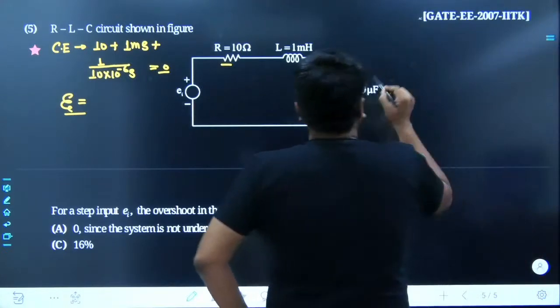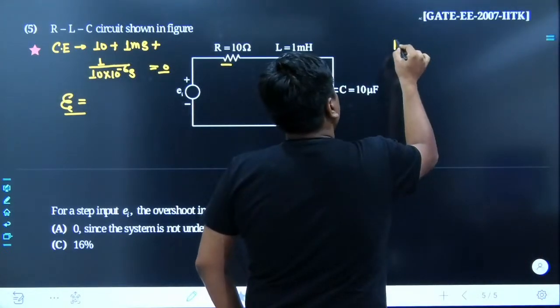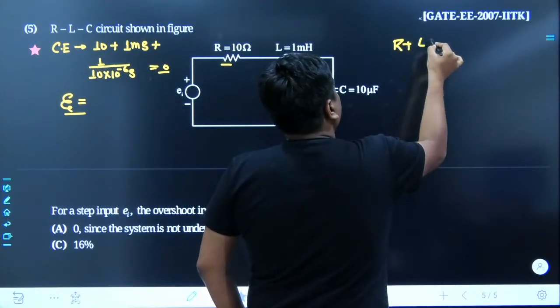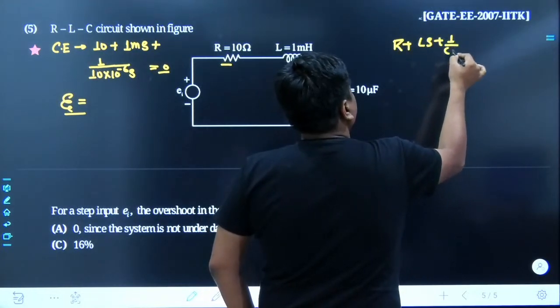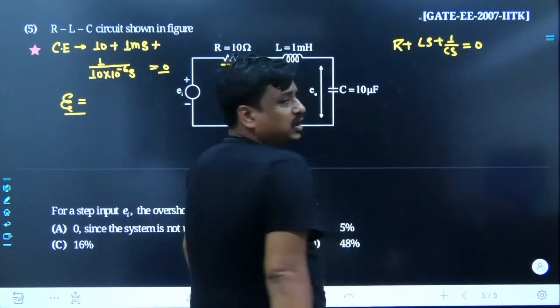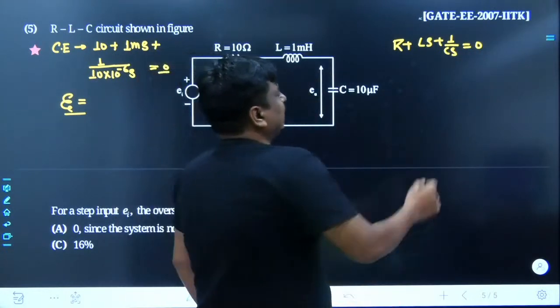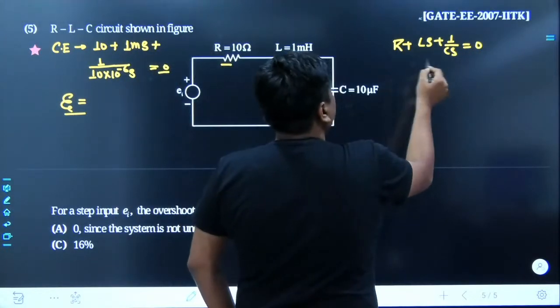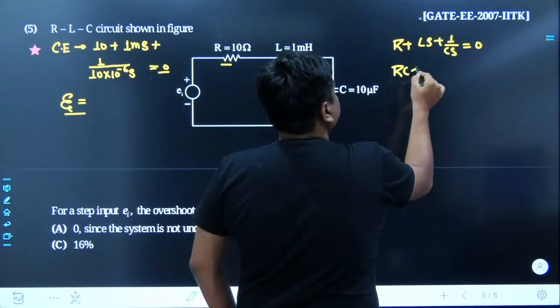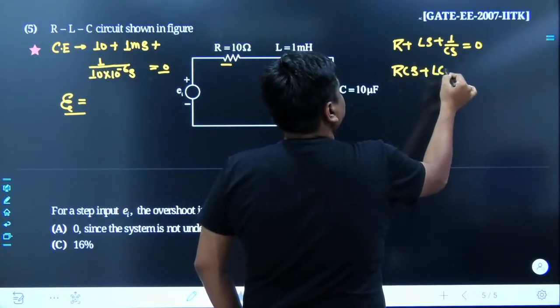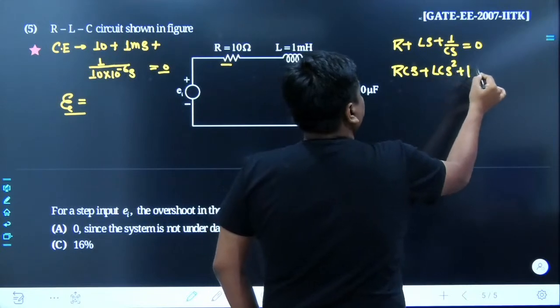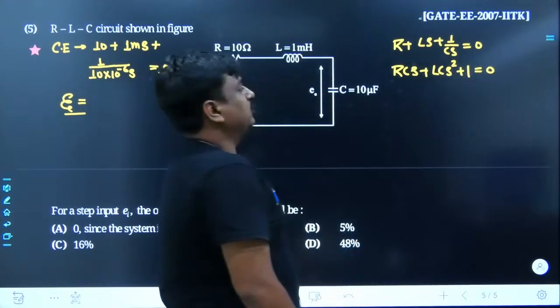If you don't want to do so, you could have done this thing in this way. It would have been R plus Ls plus 1 upon Cs equals 0. Once you take its LCM, what's the factor you would be having? It's going to be RCs plus LCs square plus 1 equals 0.